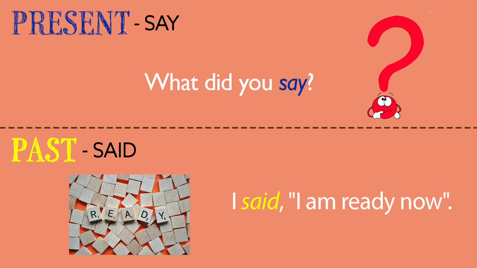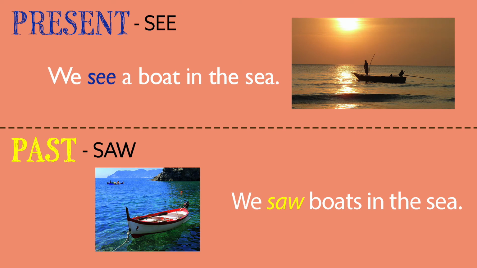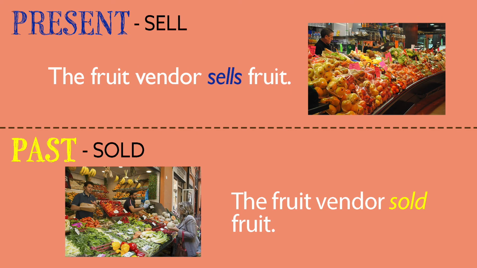Say. What did you say? Said. I said, I am ready now. See. We see a boat in the sea. Saw. We saw boats in the sea. Sell. The fruit vendor sells fruit. Sold. The fruit vendor sold fruit.